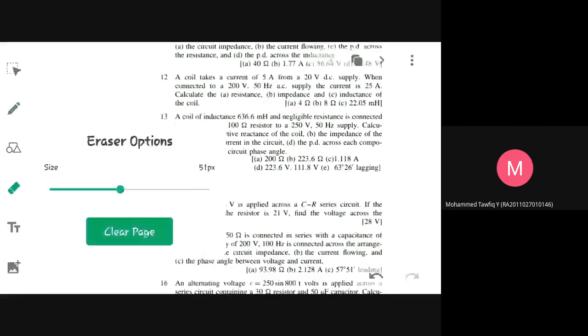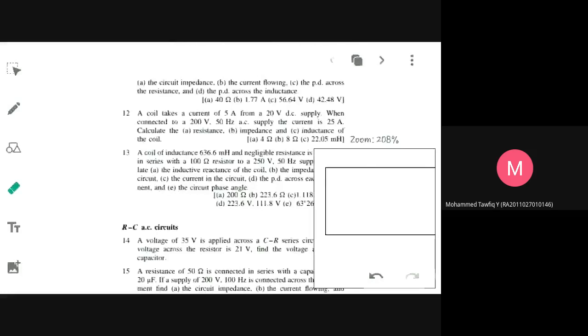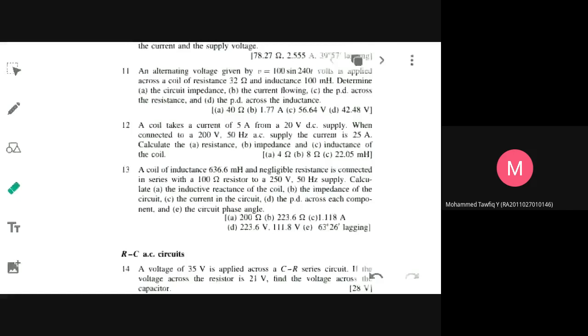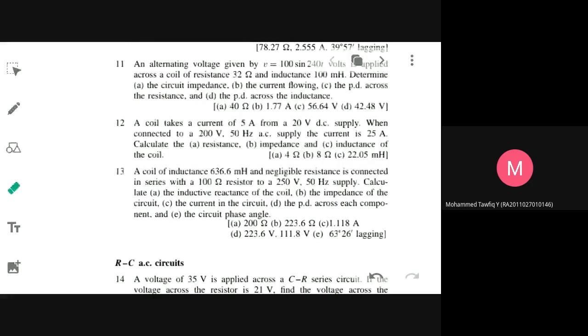These are all exercise problems. Which problem will we solve? Tell me, 11, 12 or 13, which will you pick? Only answers are given, so we can cross check with the answers. Which is your wish?